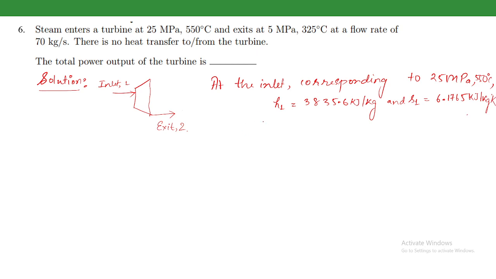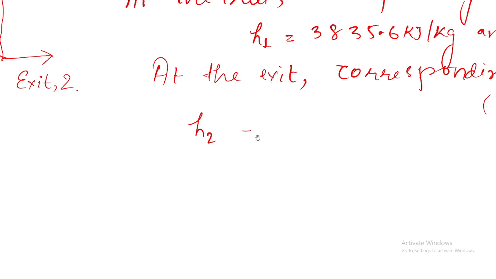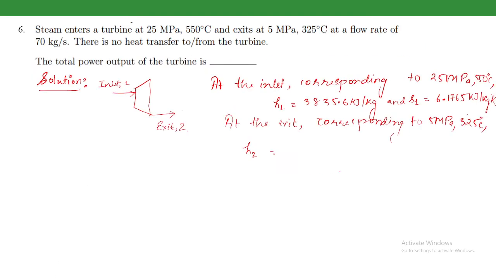And at the exit, corresponding to 5 megapascal and 325 degrees Celsius, H2 equals 2996.5 kilojoule per kg and S2 equals 6.3289 kilojoule per kg Kelvin.